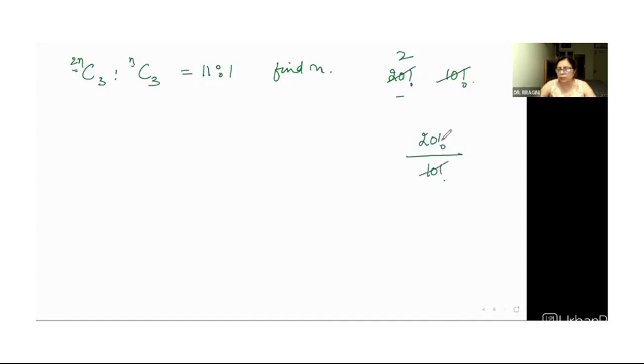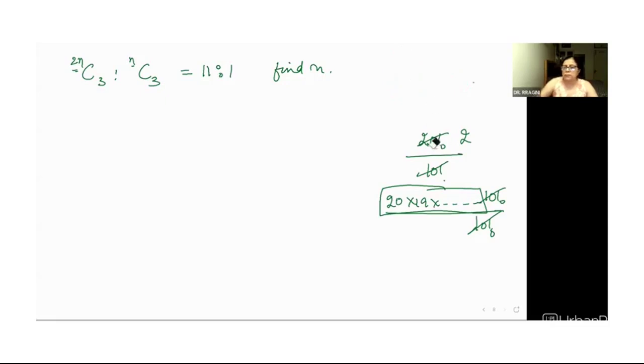But that doesn't mean that you can reduce it by just writing 2. Why? Because you have to solve it like we had learned in the previous questions. When you go back like this, you have to go up to 10 factorial so that you can reduce this. Then the product of all those numbers is there. Right? So I hope I'm clear. This is a very important thing. Generally, students make mistakes here.